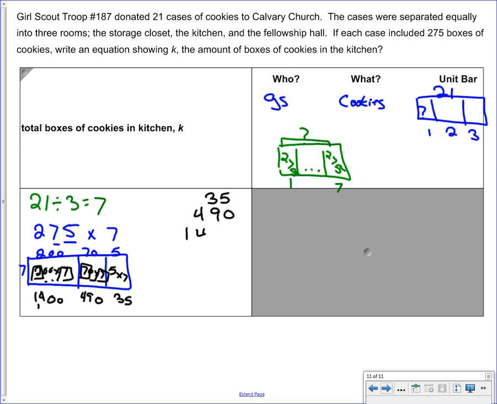It's 1,400. Okay. Add them all up. That's a 5. 9, 10, 11, 12. Write the 2, carry the 1. 8, 9, and 1. 1,925.